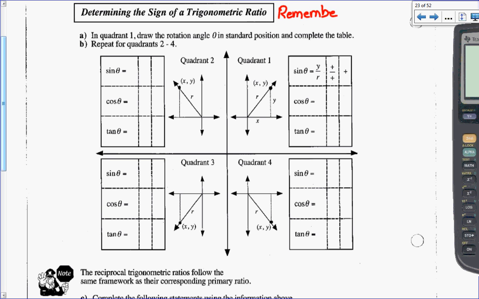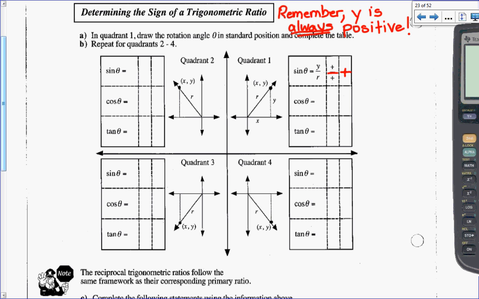Remember, r, your hypotenuse in other words, is always positive. Okay, so if that's the case, we've got a positive number over a positive number, so a ratio like that would end up as a positive ratio. Okay, so sine is positive in quadrant 1.